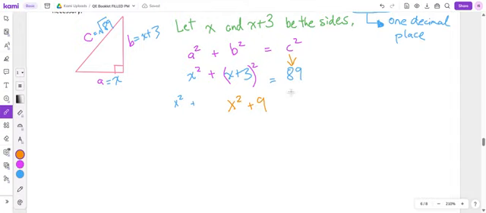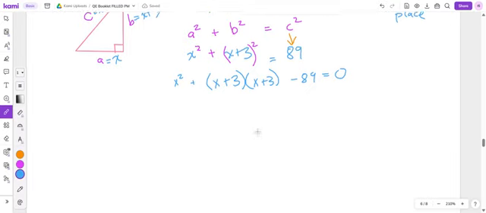No, Miss Sly, you forgot the middle term. And I forgot it because I didn't write it out like this, or I didn't notice that it's a perfect square. I'm bringing the 89 over already. All right, expand, collect like terms, everyone.